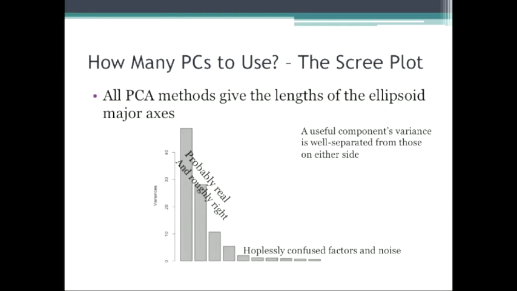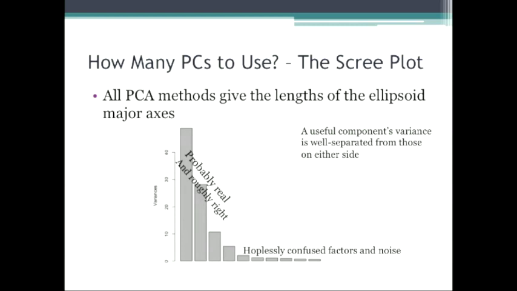It varies. That's typically a real principal component, and it's estimated well. Our theory tells us how well it's estimated. The rule of thumb is that you can estimate well a component if the variance is well separated from those on either side. So that's the key rule of thumb for interpreting these plots, is that there may be more components down here.